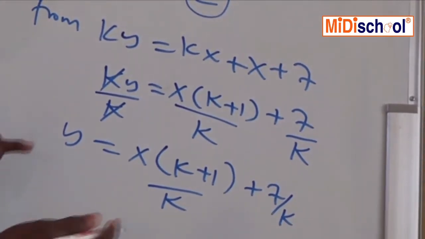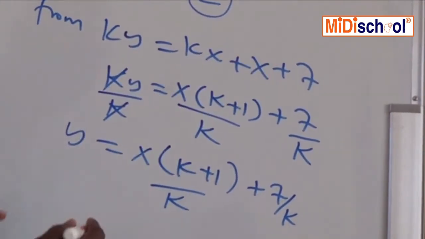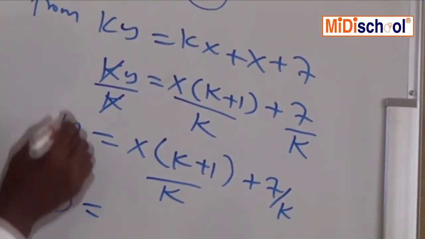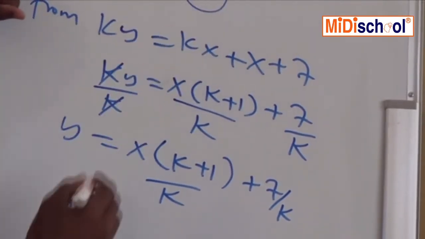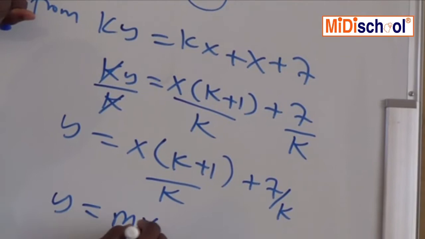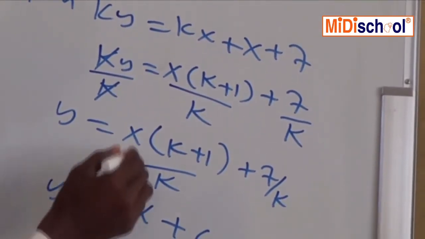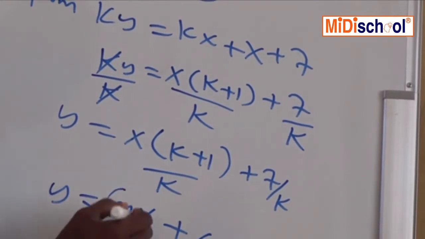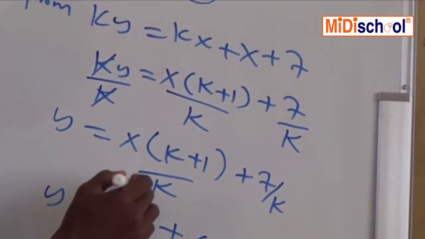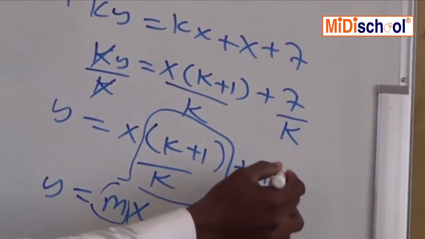So this equation is similar to the equation of a line, and let's check. The equation of a line which we have just recalled is mx plus c. Now see, x is here, and this m is just the same as this value here, and c is equal to this value.